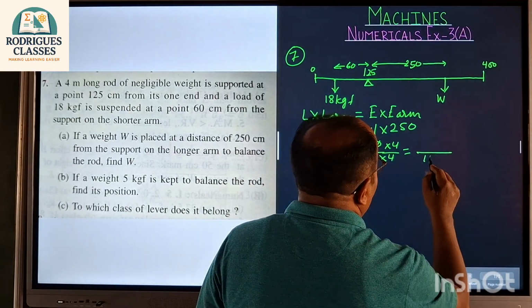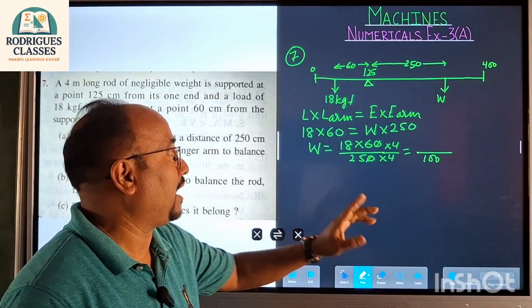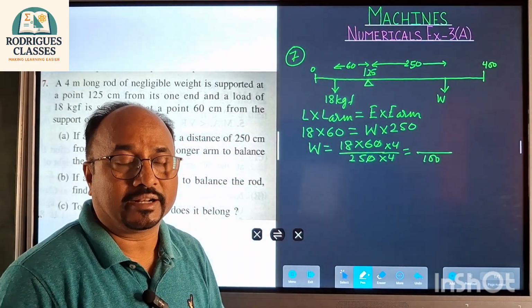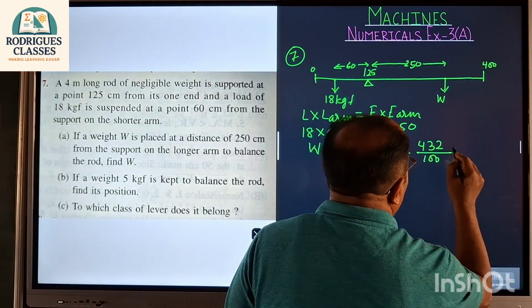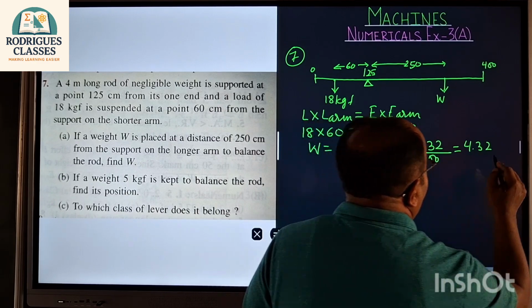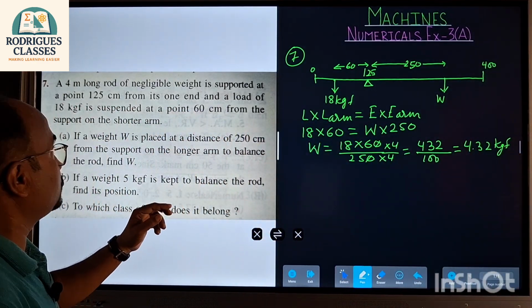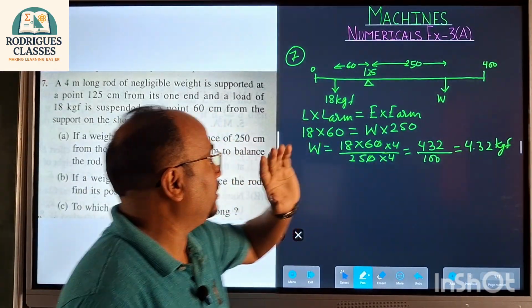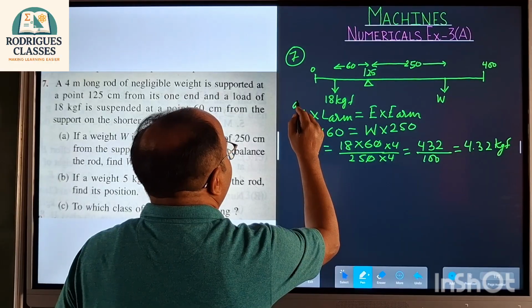If I multiply 18, 6 and 4, I am going to get 432. So I get 4.32 kgf. So this is my answer for this weight W, which was hung here, which we had to calculate. So this was the A part, which is done.